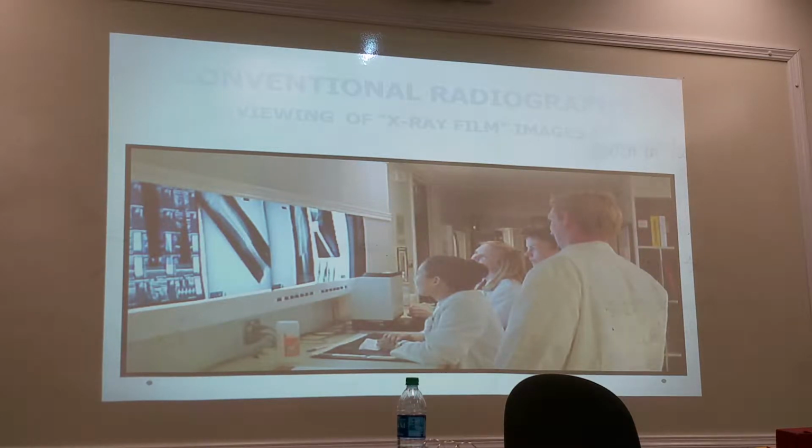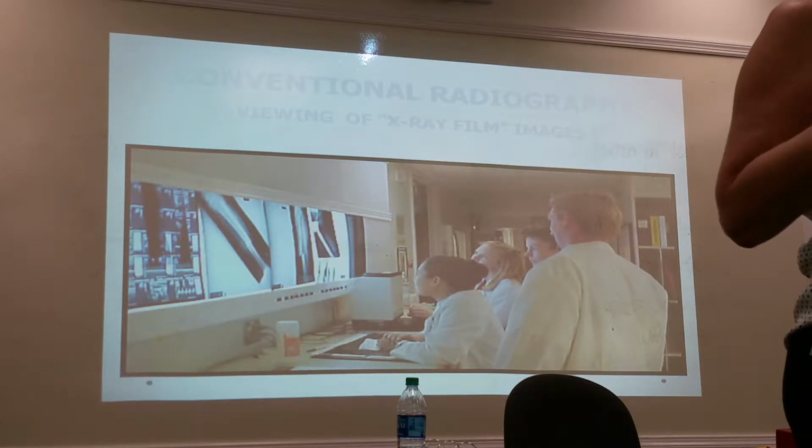You would put a piece of film in here, and in the dark room you have a light tight container. You have a tube side just like the cassettes you have now for CR. Make the exposure and put it through a processor, and you have a piece of film. You can make the best X-ray possible.